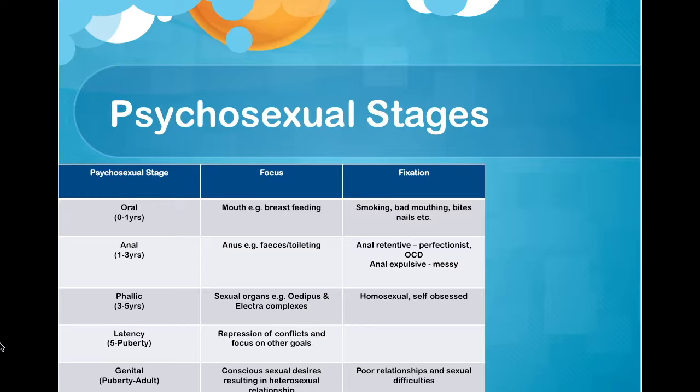And then the final stage of psychosexual development is the genital stage, and this happens between puberty and adulthood, and this is where, as the ages suggest, you turn into an adult. So this is where obviously all these drives, we talk about children here and going to the toilet and feeding and discovering the difference between genders.